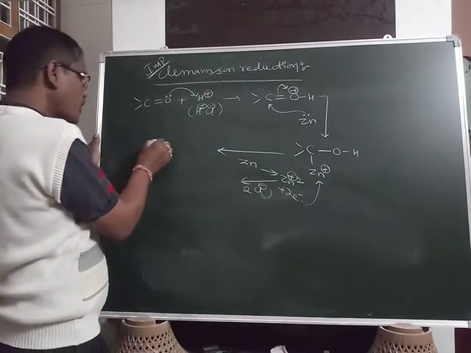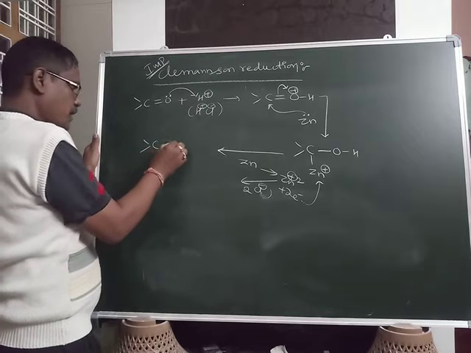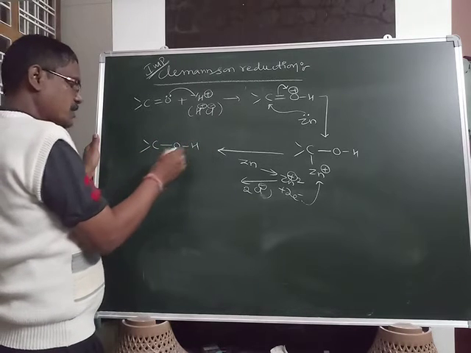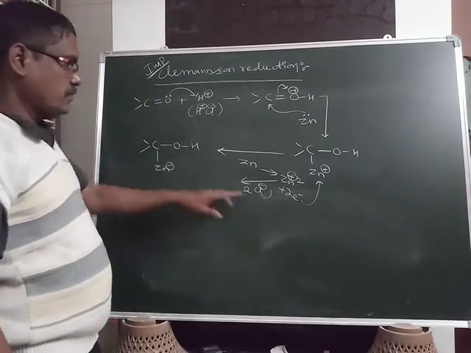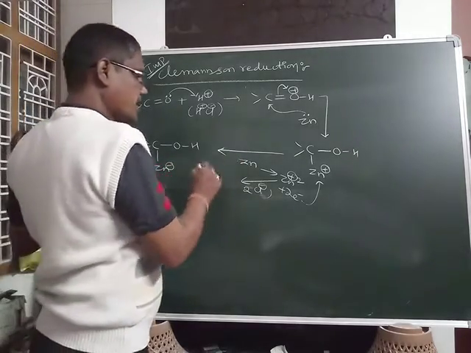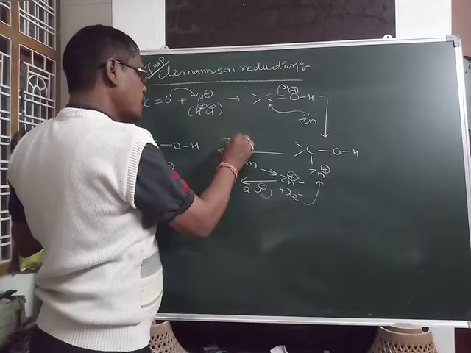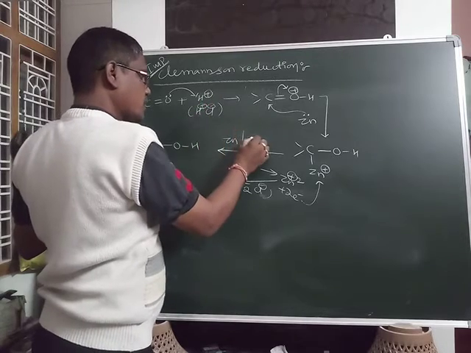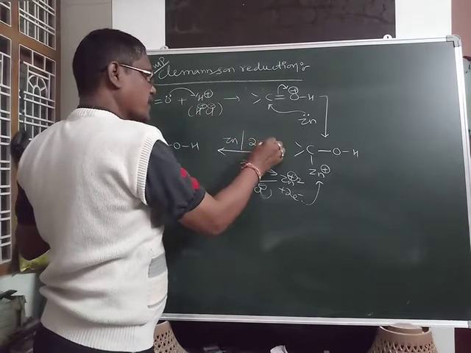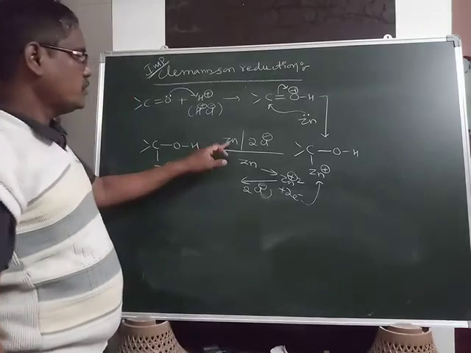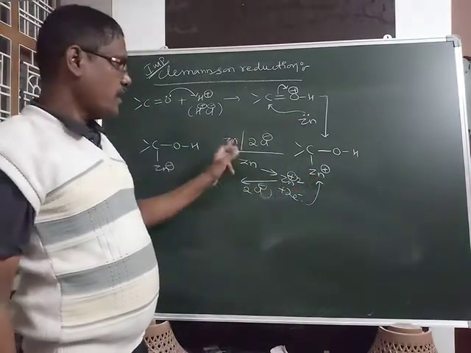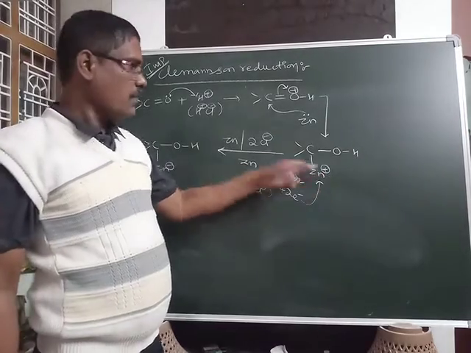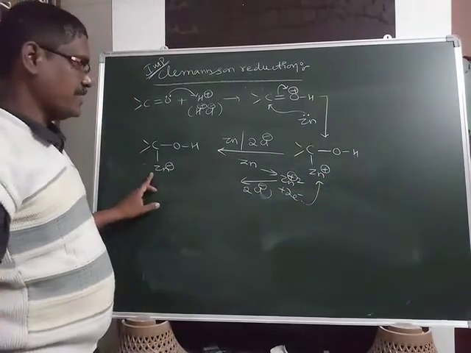This is the important step in this one. Already OH is present, and Zn minus is present. This eliminates in the presence of Zn and 2Cl minus. These 2 electrons are transferred to Zn plus. With 1 electron it becomes neutral, and with 1 more electron it becomes minus.